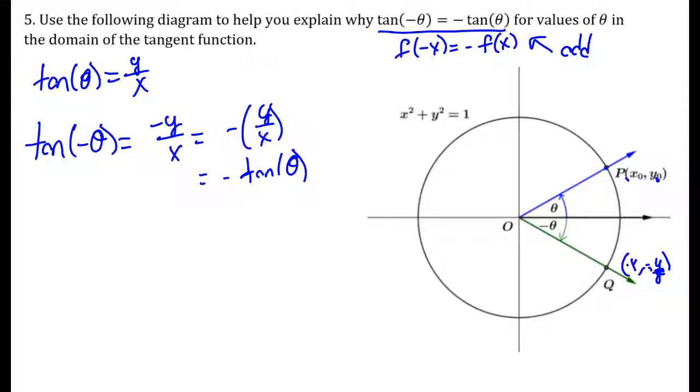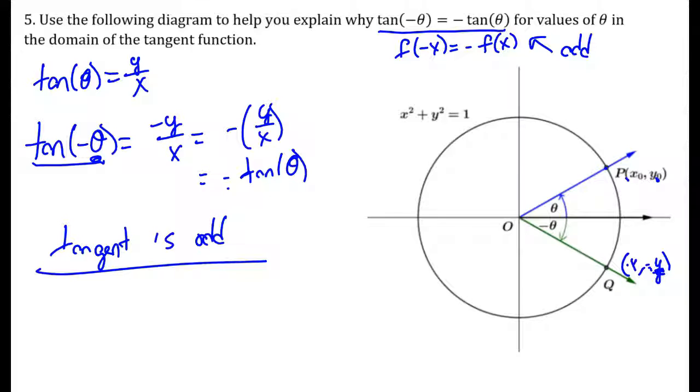It's the negative of the tangent of theta. The tan of negative theta, if I input a negative angle, I can just do minus tan of that positive angle. This tells me that tangent is an odd function. It is rather odd, but the graph of tangent is odd because it can be rotated 180 degrees about the origin and end up on itself. That's what it means to be an odd function.